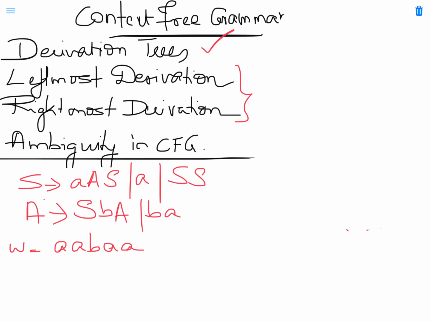From this grammar, from this set of productions, you need to choose. S has three productions. Two start with A, and one starts with a non-terminal itself, SS.